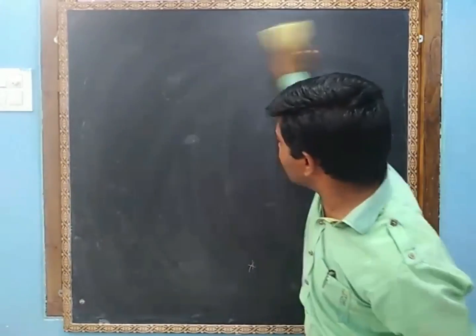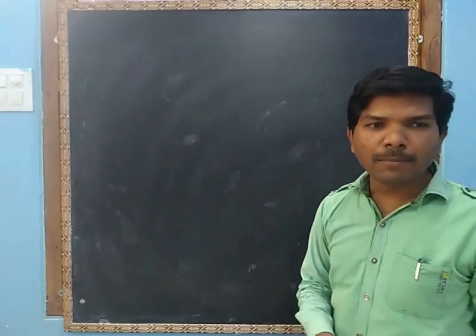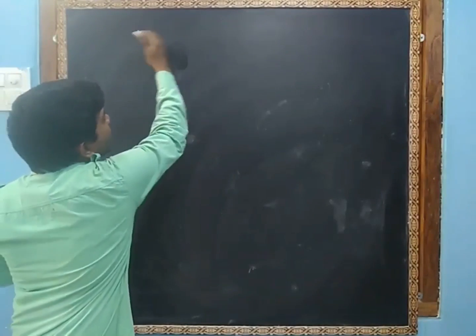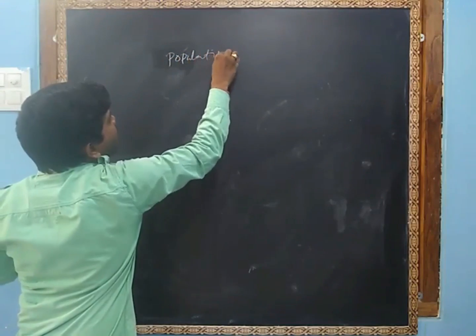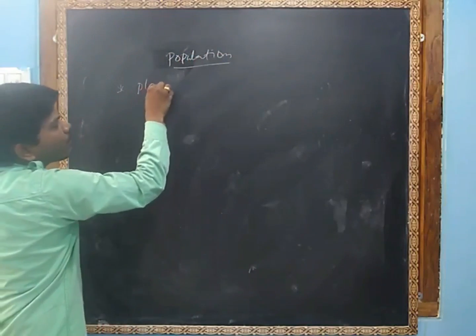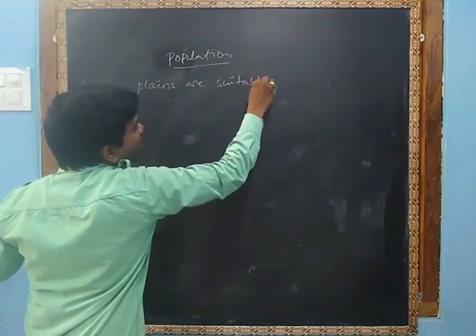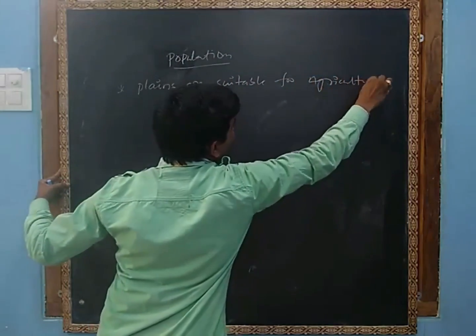Why are many people living in this area? Most of the population is here. Why? Plains are suitable for agriculture.